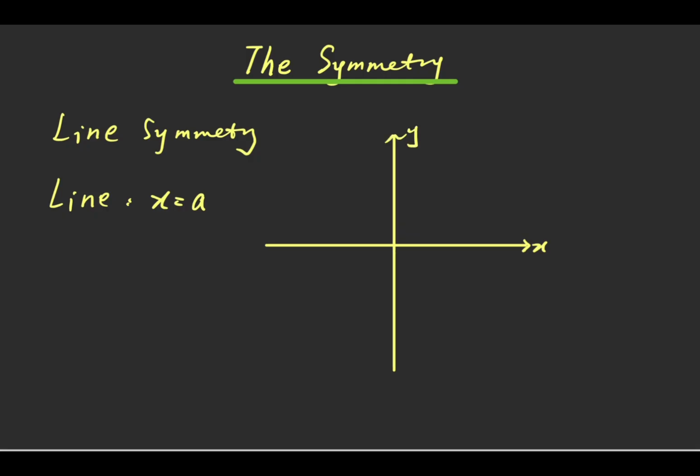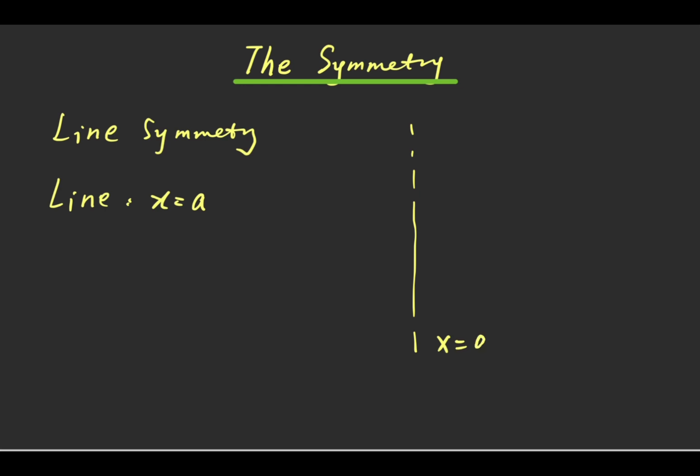Alright? You can understand this without the Cartesian plane. If there is a straight line x equals a, and this is the graph of the function, we say this straight line exists so that the graph of the function can be divided into two parts.